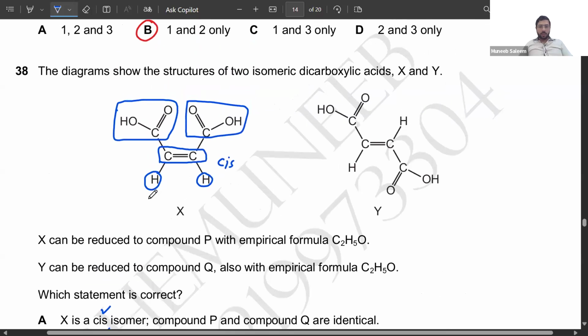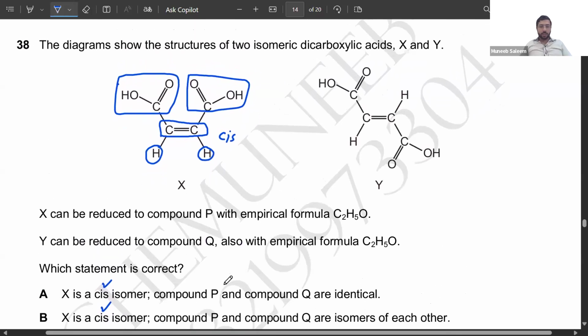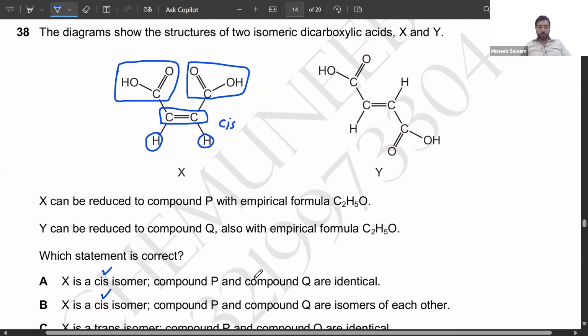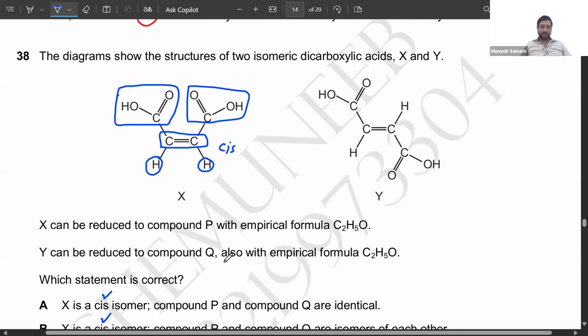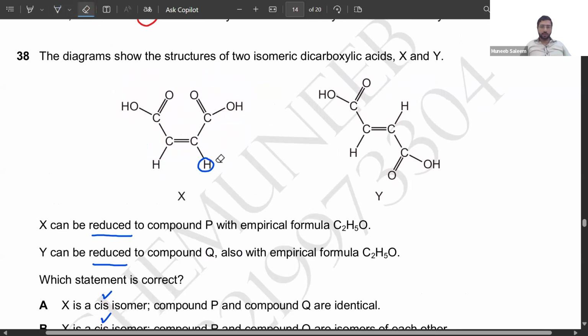Now the second part says that we have to see compounds P and Q, and then the types of these two compounds. For this purpose, it says that they were reduced. Both X and Y were reduced, and we know that X and Y have a similar number of carbon atoms, hydrogen atoms, and oxygen, as well as the same functional groups.